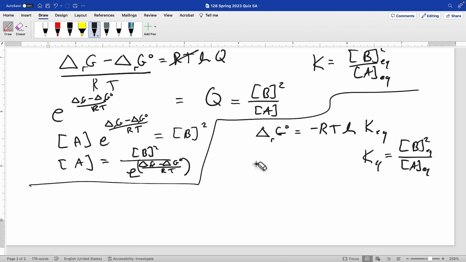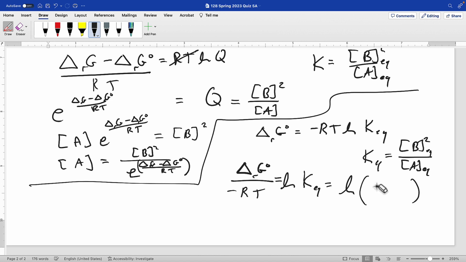So we can just set those equal to each other and divide by negative RT to get the log of K equilibrium. That is the log of this expression, right? K equilibrium is this, so we can put in B at equilibrium squared over A at equilibrium.